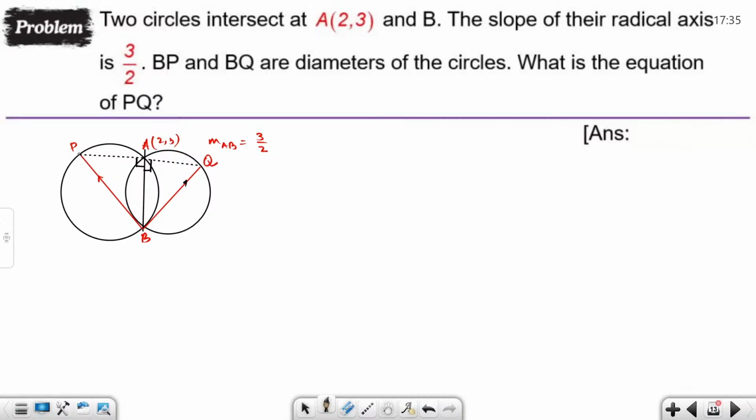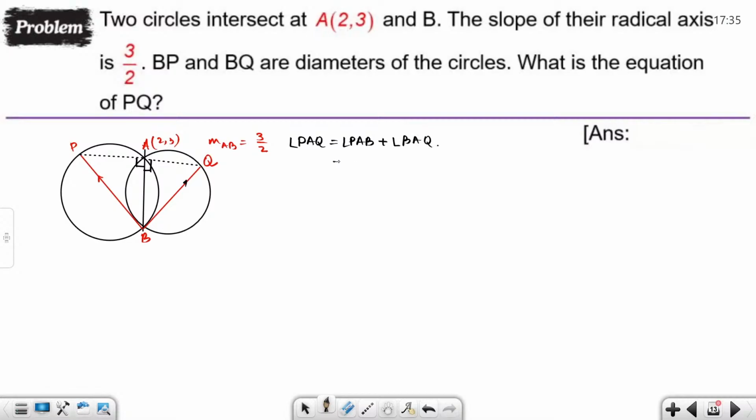Therefore, angle PAQ is 180 degrees. It implies what we got? Angle PAQ is the sum of angle PAB plus angle BAQ.